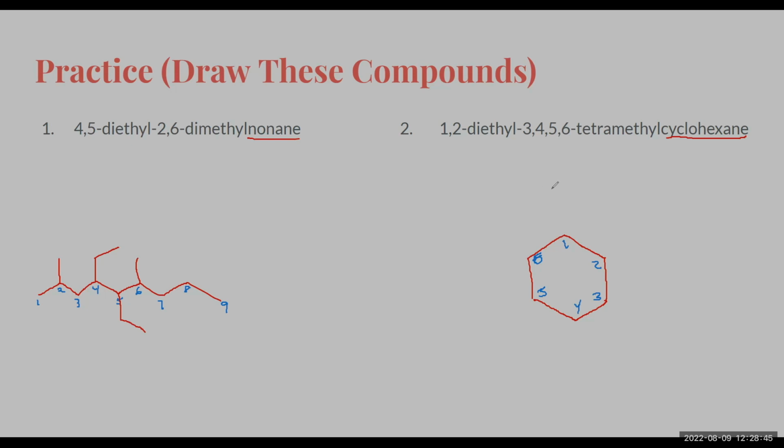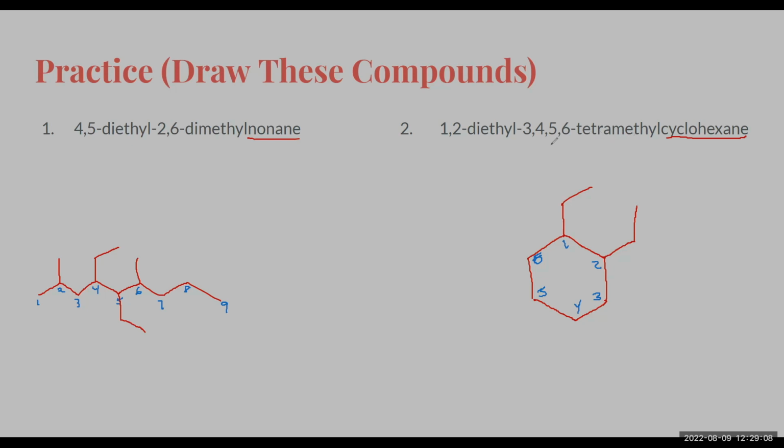And on the 1 position and the 2 position, we have ethyl groups hanging off of it. So I'm going to just draw, that's 1 carbon, 2 carbons. On the 2nd carbon, once again, I'm going to draw an ethyl group, 1, 2. And then on the 3, the 4, the 5, and the 6, we have a total of 4 methyls, so tetra.